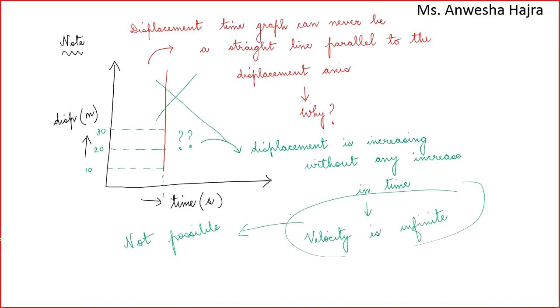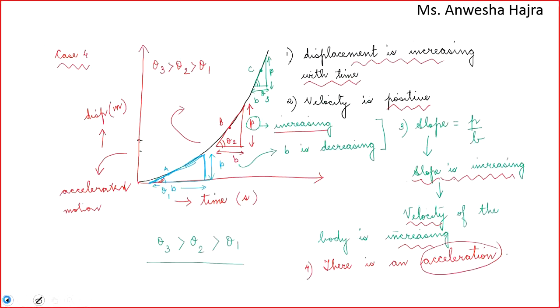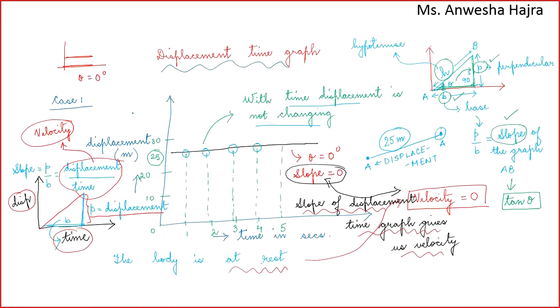So from the beginning, if we go through, just a revision of the graphs. Today we are studying displacement time graph. This type of graph tells us displacement is not changing with time. So if displacement is not changing with time, slope is 0, velocity is 0, body is stationary.